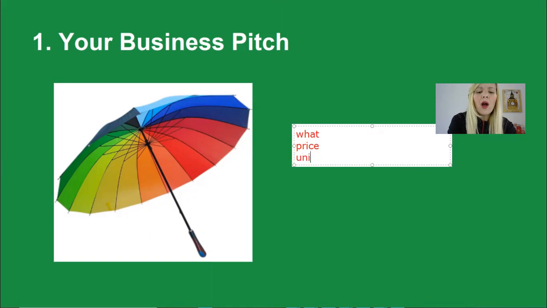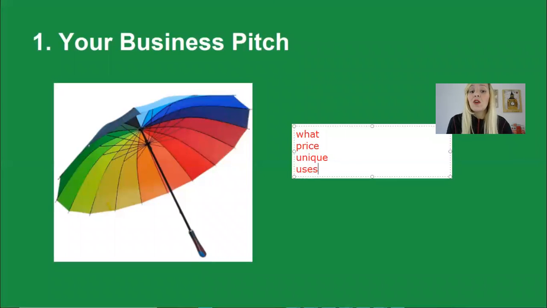I ask why this product is unique. Why is your umbrella different? What are the special features of your product? I also ask them about the uses. I know that I can use this when it's raining, but what else? What else can I do with this product?